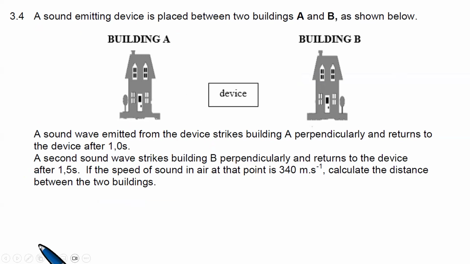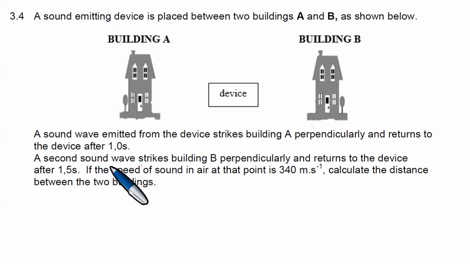Okay, let's look at the next one. A sound emitting device is placed between two buildings A and B as shown below. A sound wave emitted from the device strikes building A and perpendicularly returns to the device after 1,0 seconds.